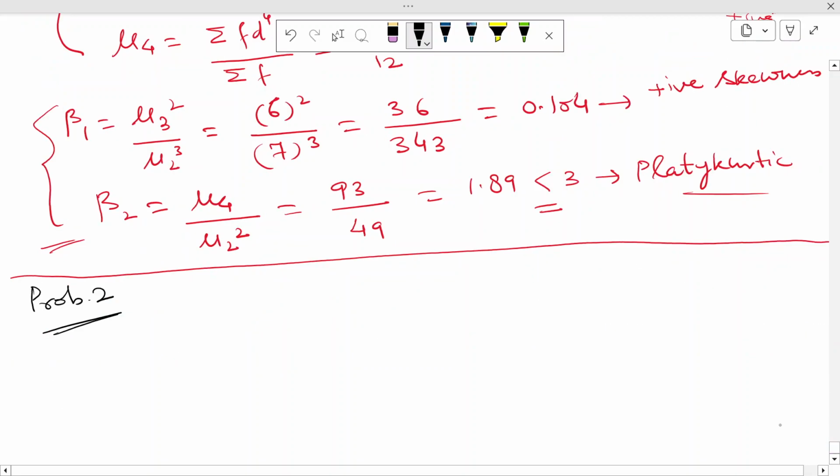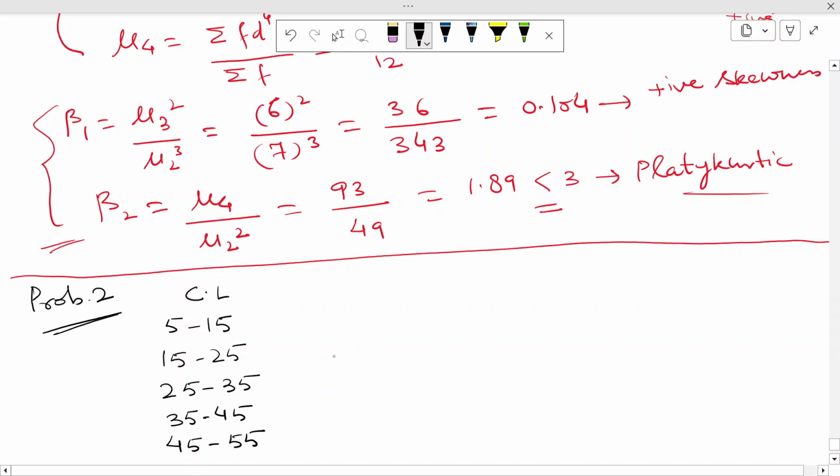Again we are provided with another data where we have the class intervals, and the class intervals are 5 to 15, 15 to 25, 25 to 35, then 35 to 45, and lastly 45 to 55.